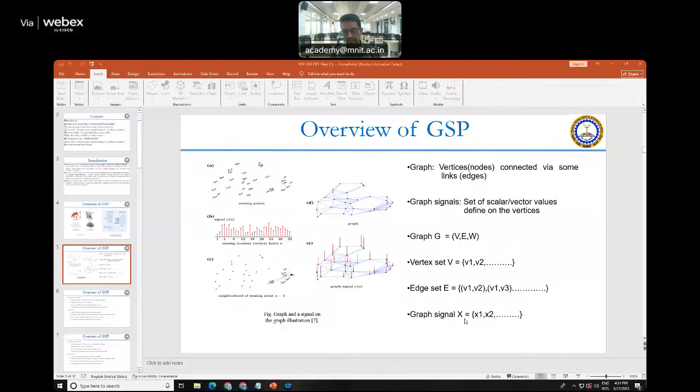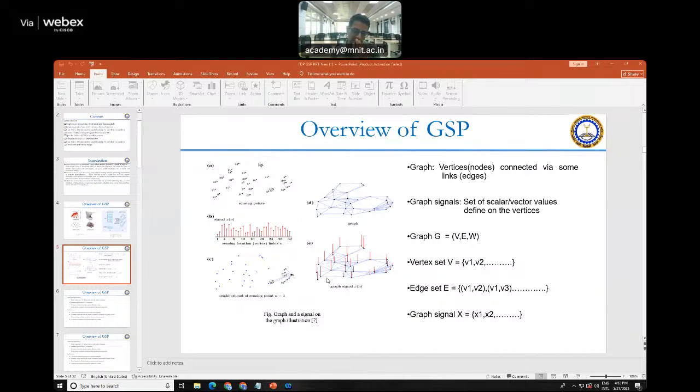To define a graph signal, you need to number those points. So the information in this figure E is incomplete, because it depends on where you are numbering, whether I number 1, 2, 3 from the upper one or the lower one.